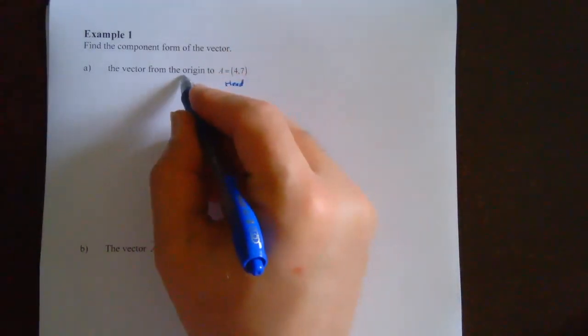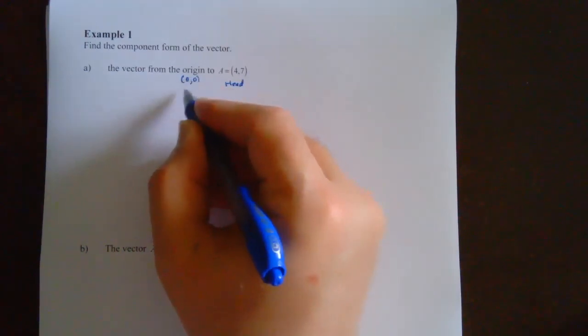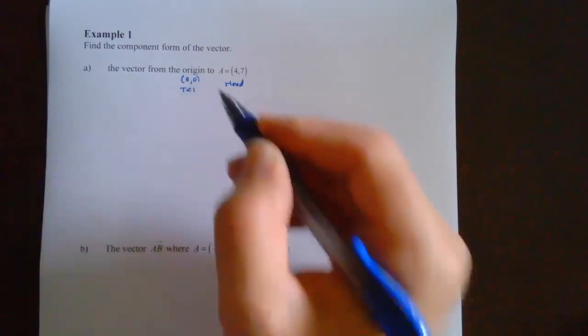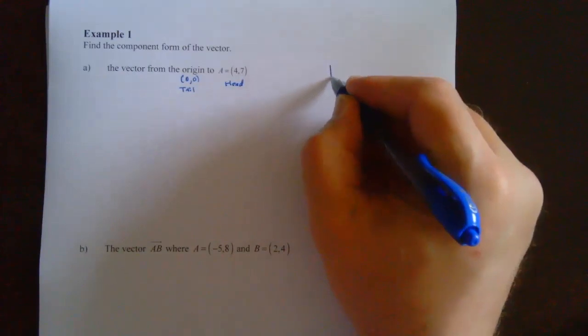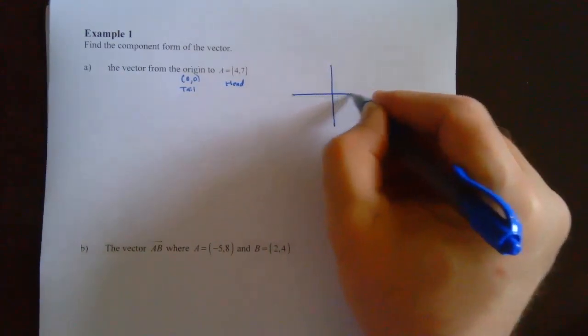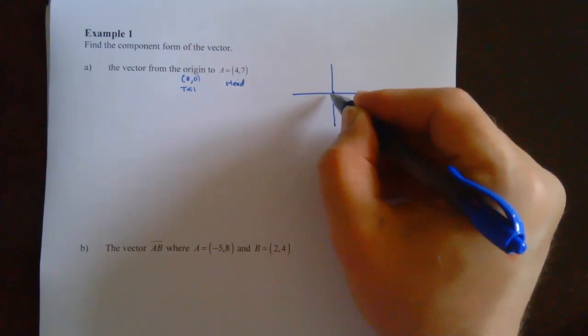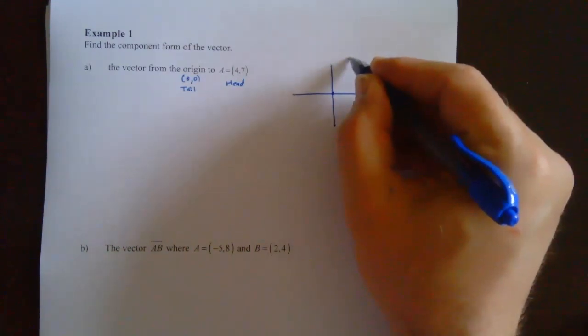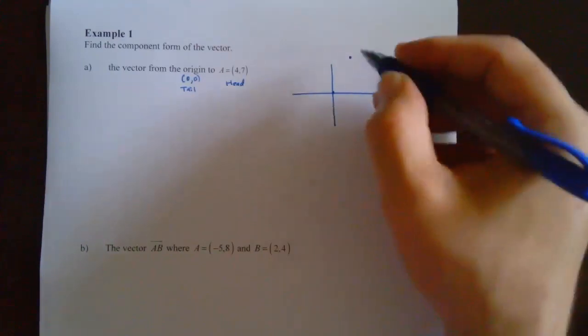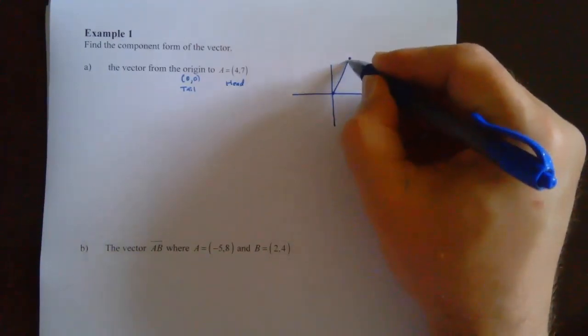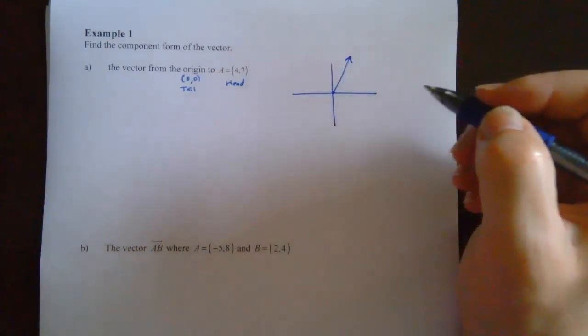And the origin is the point 0, 0, and that's the tail. So the diagram for it would start from 0, 0 and end at 4, 7. We're going to go right 4 and up 7, so we go more up than we go right. It would look something like that.